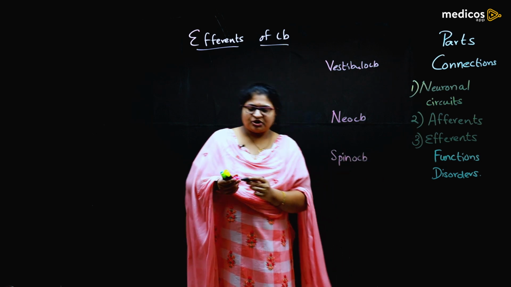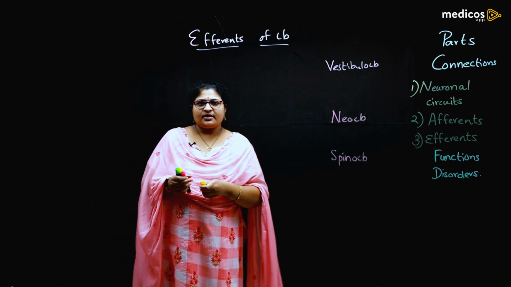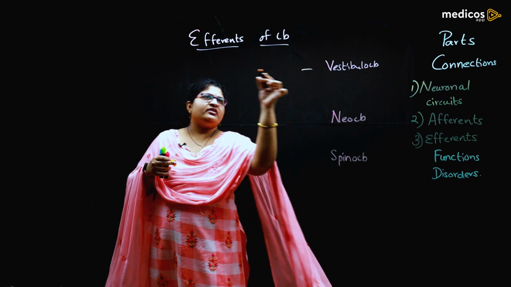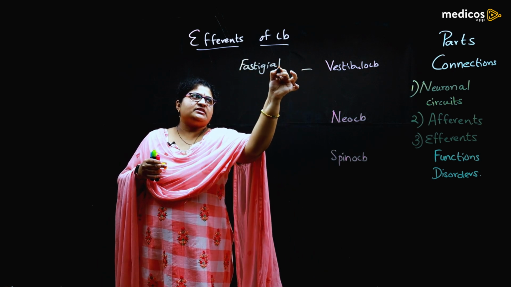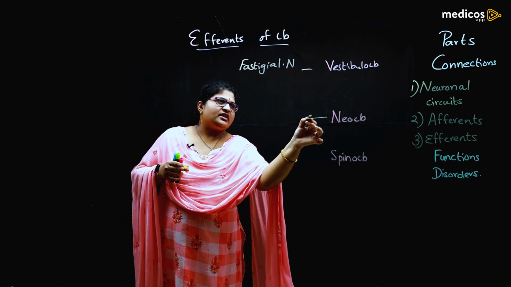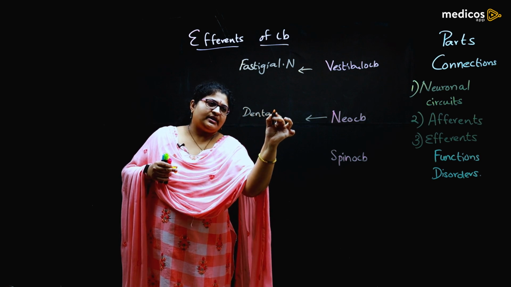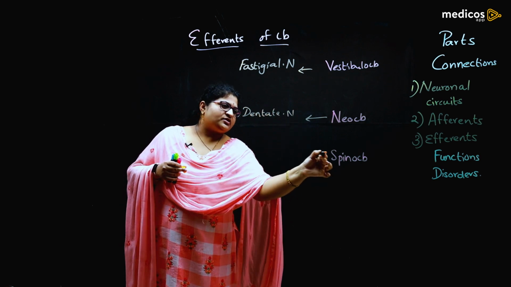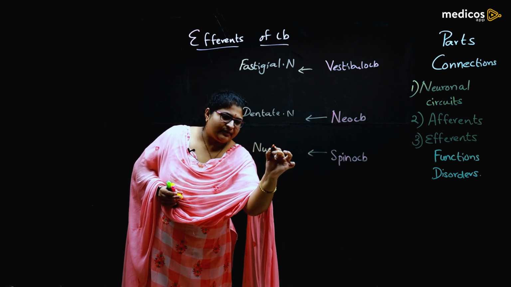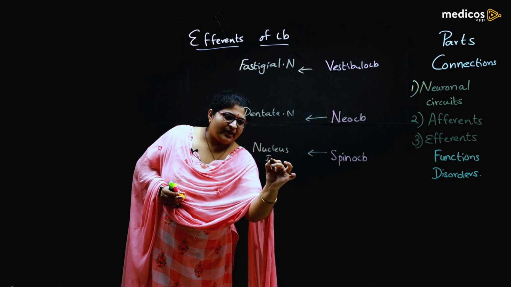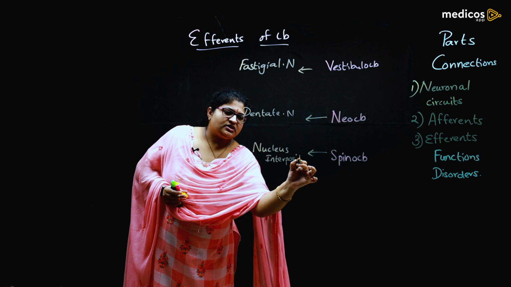Each of these portions is associated with the deep nuclei of the cerebellum. The vestibulocerebellum is associated with the fastigial nucleus. The neocerebellum is associated with the dentate nucleus. And the spinocerebellum is associated with the nucleus interpositus, which is nothing but a combination of emboliform and globose nuclei.